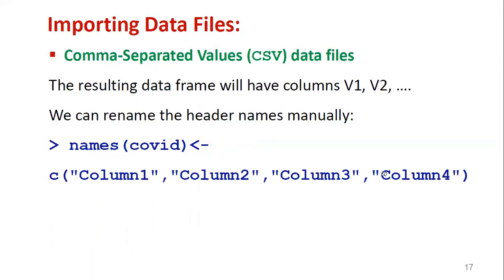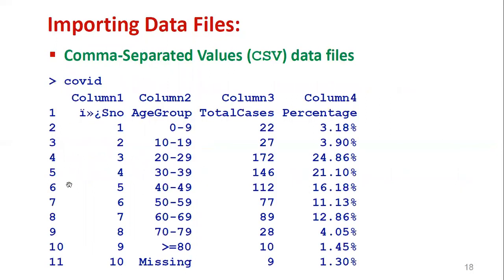You can use that number of names within double quotes separated by commas. Now here we have 4 columns. So I am giving column 1, comma, column 2, comma, column 3 and so on, column 4, within double quotes separated by commas. Whenever you run this command, then you can call your data set COVID. See, the names V1, V2 become now column 1, column 2, column 4.